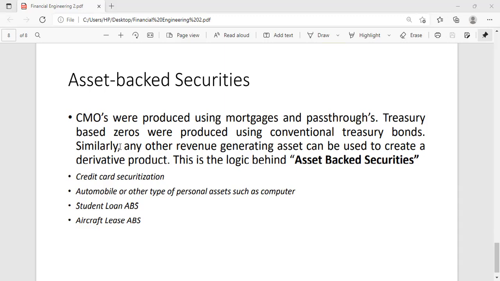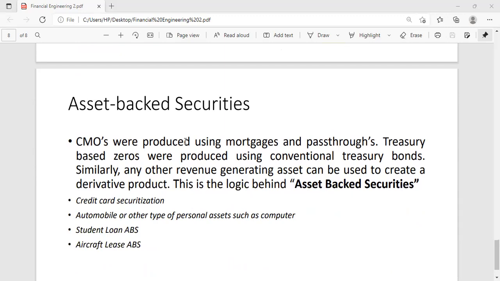Okay, so this is the coverage of the full chapter, and the discussion of ABS is not that lengthy, because this version of asset-backed securities comes from the overall discussion of the previous two classes, including today's class.